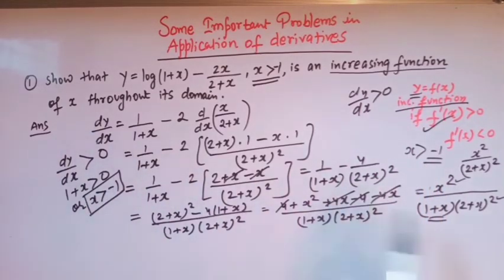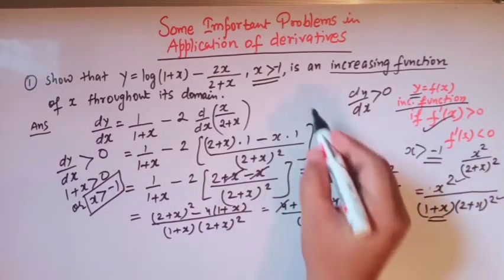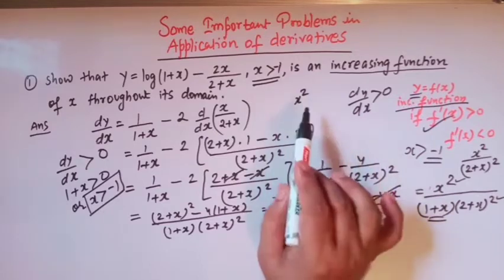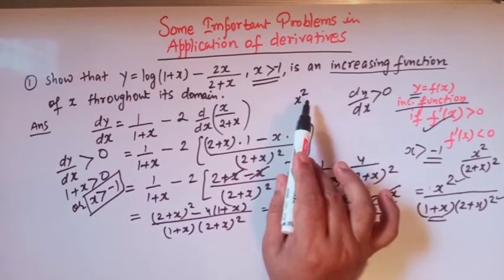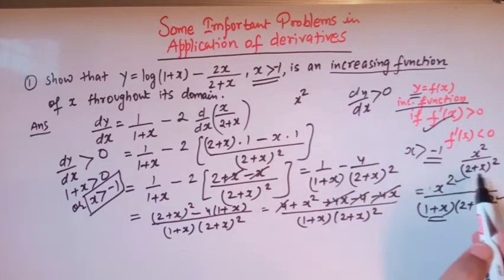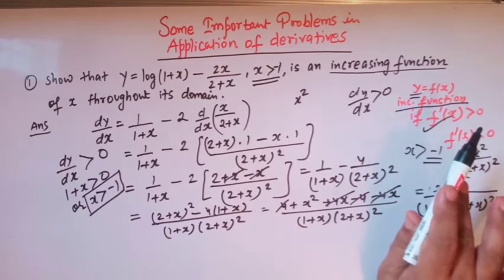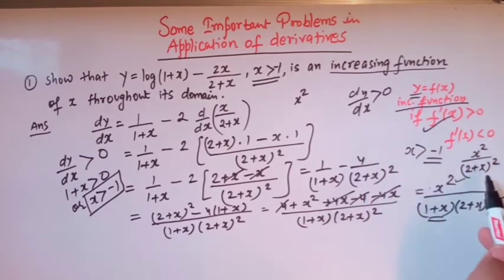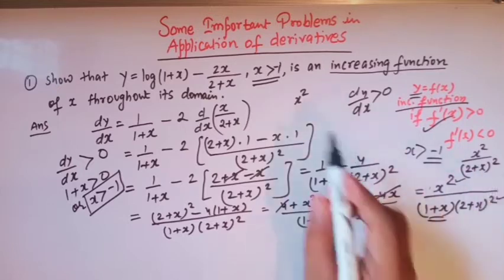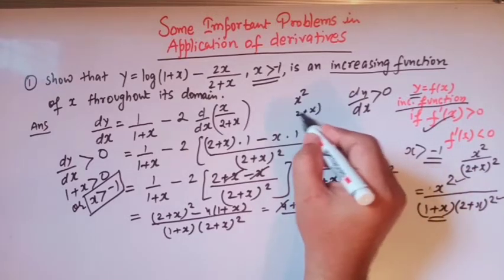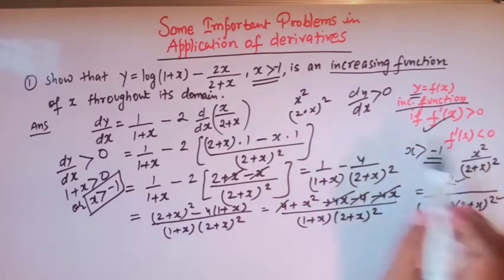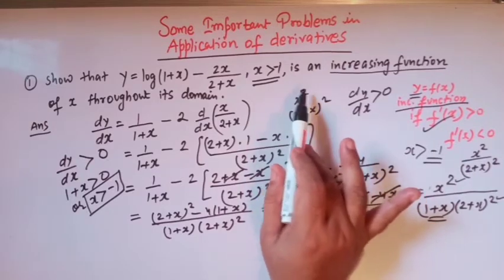For example, here x square is equal to 0 if x is 0, and (2 + x) whole square is again greater than or equal to 0. Equal to 0 when x is minus 2, then 2 + x is 0, and when x is 0, then x square is 0.